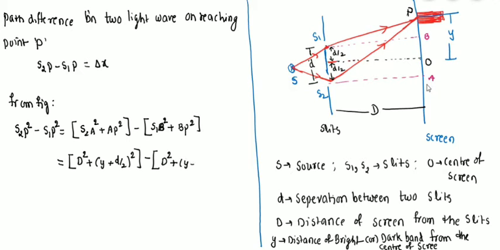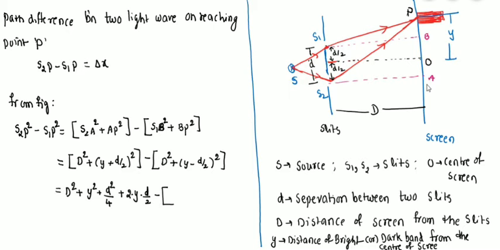Y minus d by 2 whole squared we write. Okay, now we have to simplify this. The d squared plus, this we write using the a plus b whole squared formula: y squared plus d squared by 4 plus 2 into y into d by 2, minus.